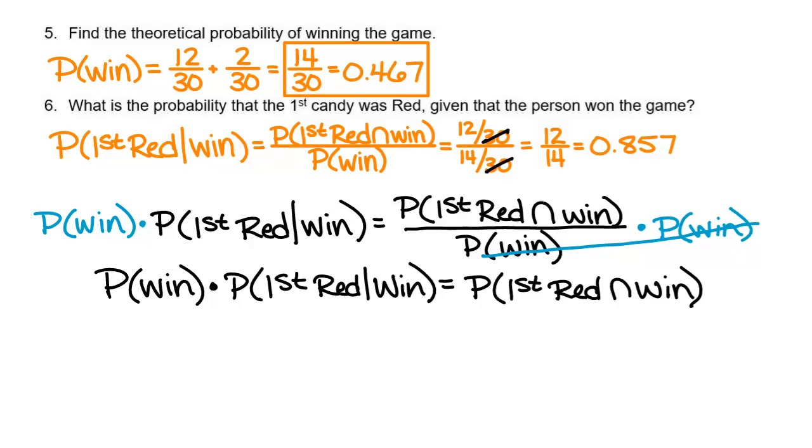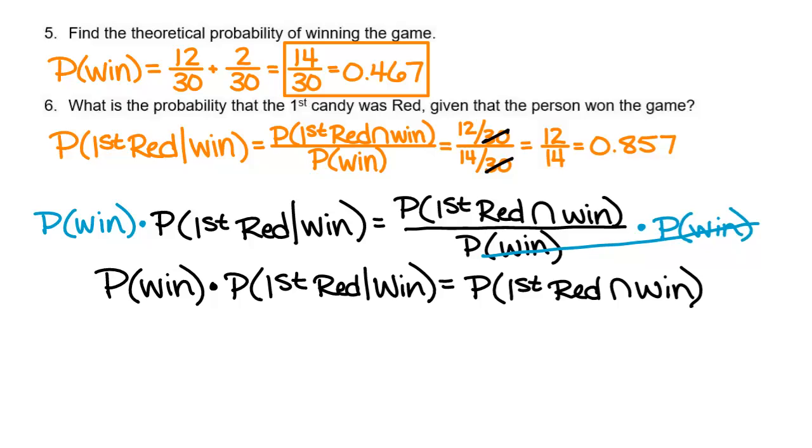If I want the probability of my numerator, if I don't have a two-way table to look at, or I don't have a tree diagram to look at, if I want this probability, you multiply by your denominator. So to find the probability of the intersection, I take the probability of my event.